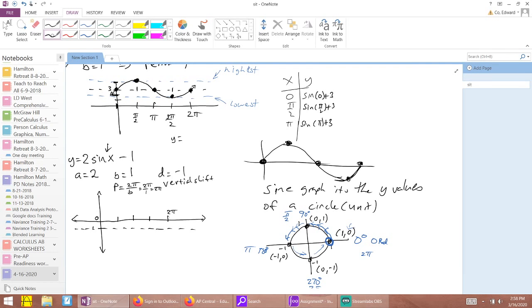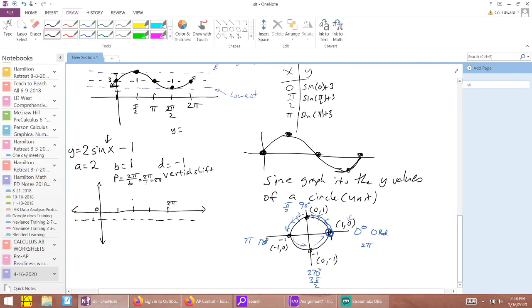You could label our values here. Half of 2 pi is pi. Half of that is pi over 2. And if you want, you can also look at it this way. Counting this tick mark here is pi over 2. This tick mark here is 2 pi over 2, which becomes pi. This tick mark here is 3 pi over 2 because I'm counting by pi over 2's.